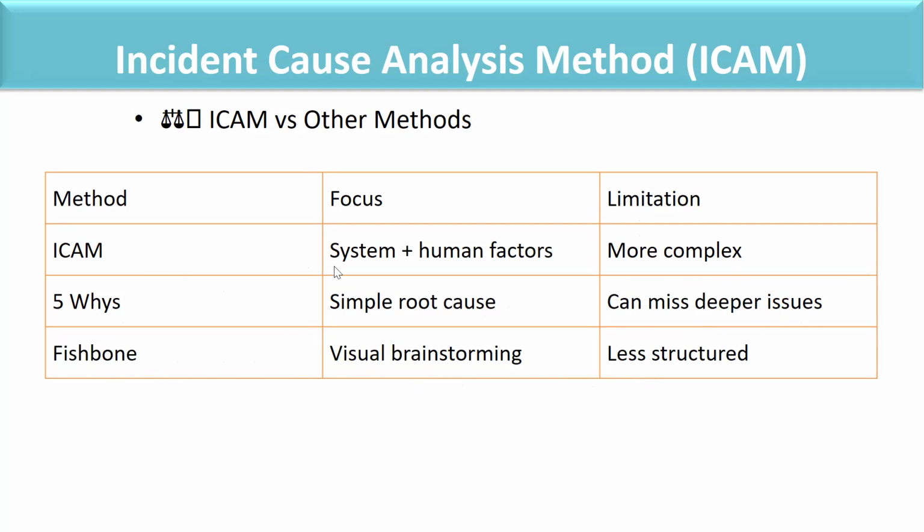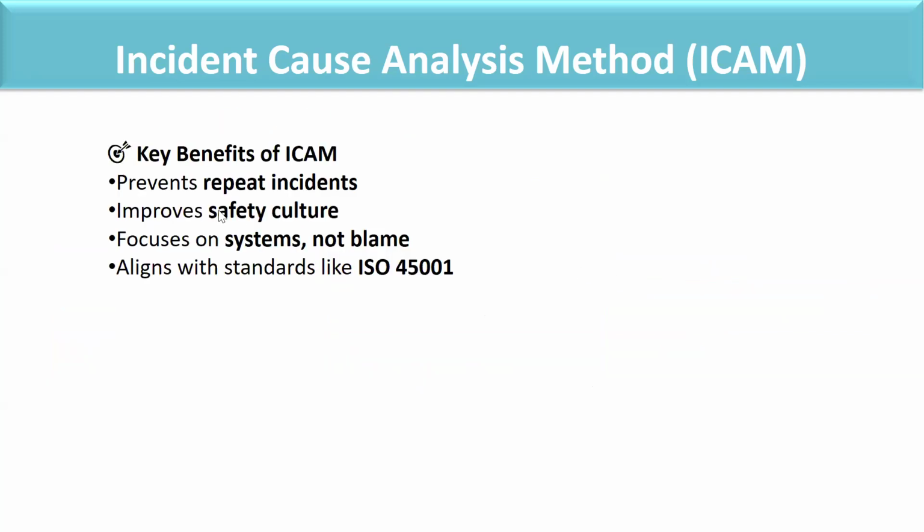The best one is ICAM, though more complex. If the people understand this, good. Now, key benefits of ICAM: prevent repeat incidents, improve safety culture, focus on system, not blame, align with standards like ISO 45001. So, the PDCA.